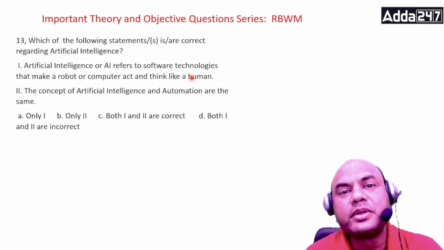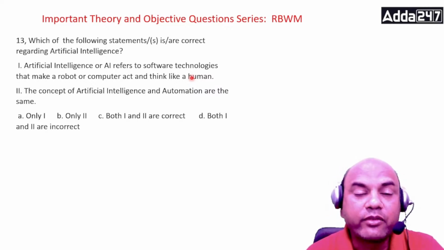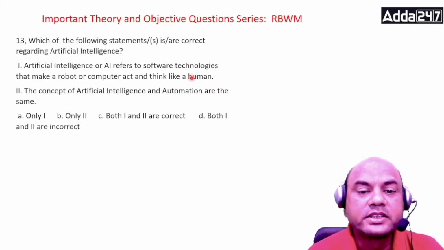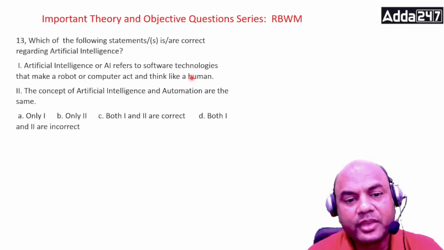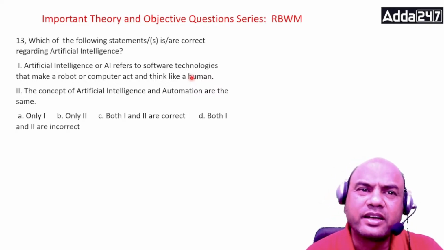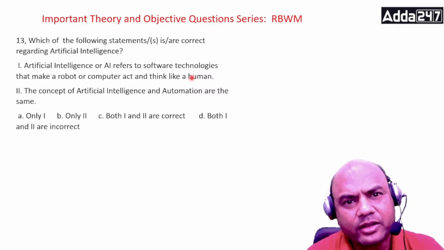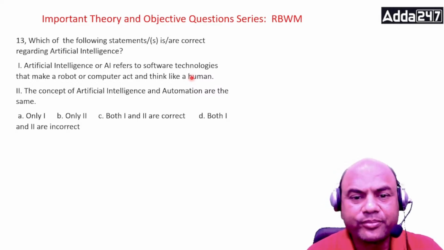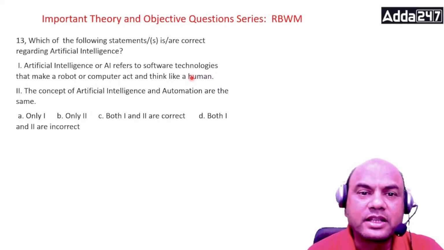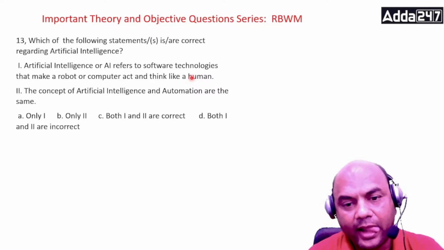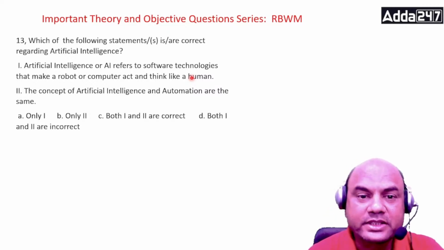It's basically a simulation of human intelligence exhibited by machines. Too much data is fed into the machine, and then after using all this data, the machine reacts like a human being. So statement 1 is correct.